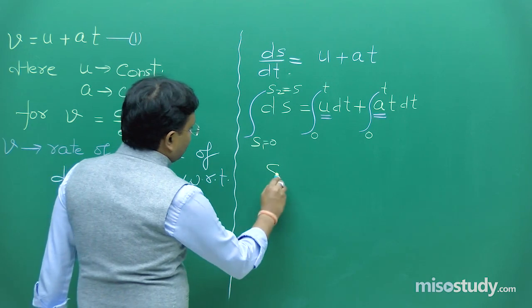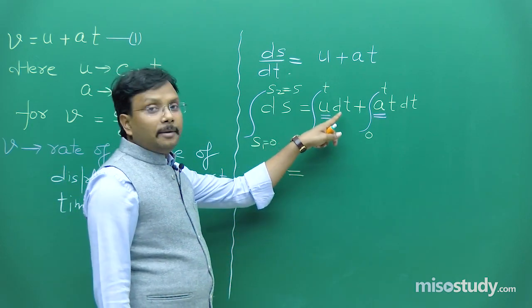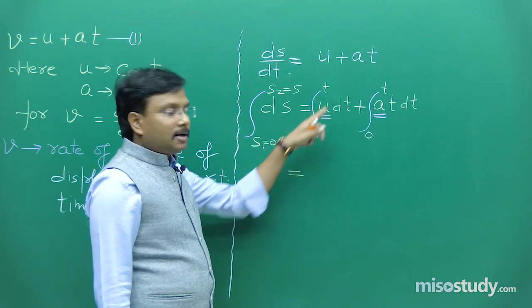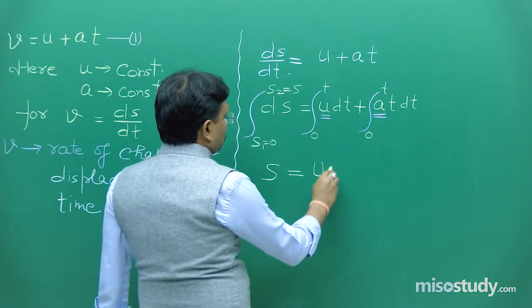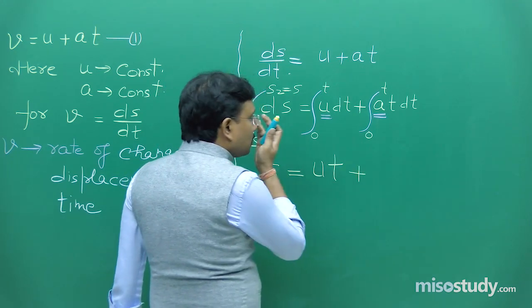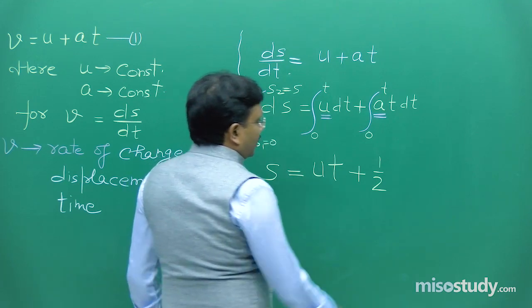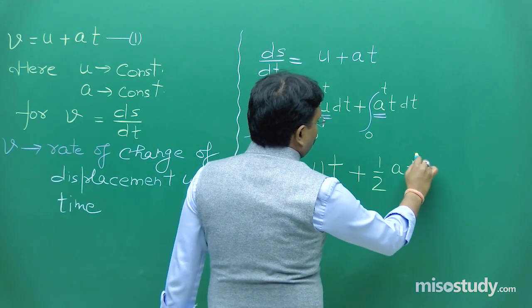Okay. S is equal to u, and dt means t, limit is t. So, ut plus half at square.